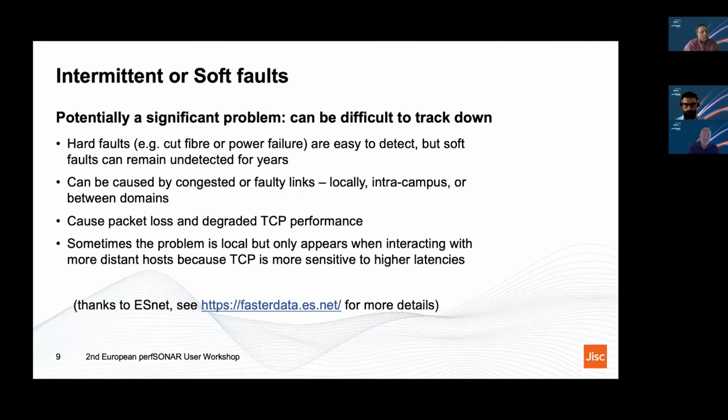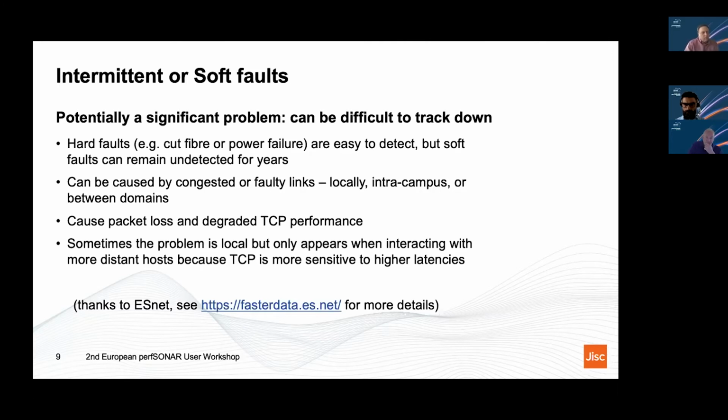These can be caused by congested or faulty links locally within the campus, or indeed between domains. They generally cause packet loss, and that results in degraded TCP performance. Sometimes the problem is actually local, but only appears when interacting with more distant hosts, again, such as Hawaii, because TCP, as we know, is more sensitive to higher latencies.